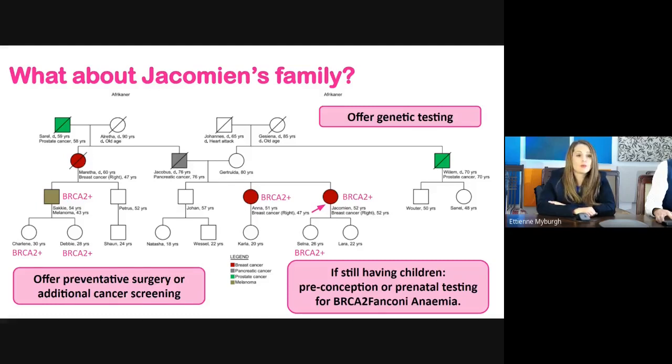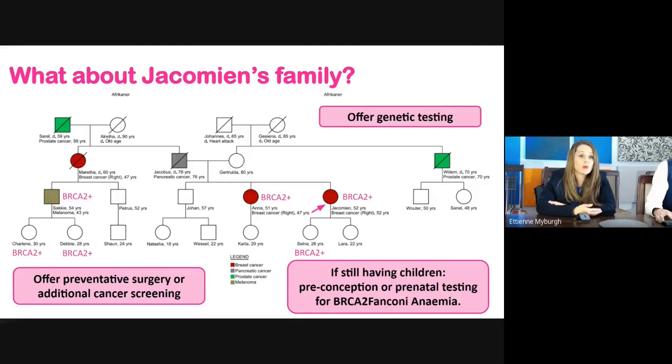And then very important for the Fanconi anemia risk. Fanconi anemia is a condition that only occurs when a person carries two BRCA2 variants. Our cancer patients usually only have one BRCA2 gene that's faulty, that has a variant in it. But if you've got Fanconi anemia, you have two faulty BRCA2 genes.